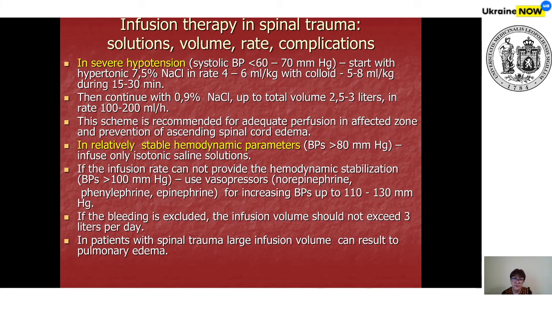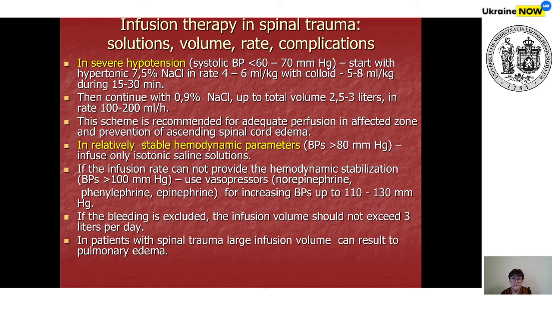And after the correction of hypovolemia, you can reset to normal saline. And total volume 2.5-3 liters can be infused during the first day. This scheme is recommended for adequate perfusion in affected zone and prevention of ascending spinal cord edema.